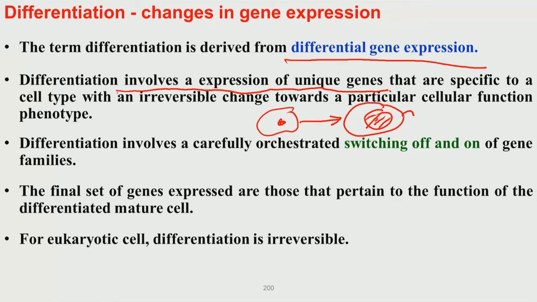Genes specific to this particular mature cell type should be expressed, with an irreversible change towards a particular cellular function phenotype. So, the genes specific to the mature cell type should be expressed or upregulated, and only then can you confirm that cell A undergoes differentiation to cell B, and certainly cell B will have different functionality compared to cell A.